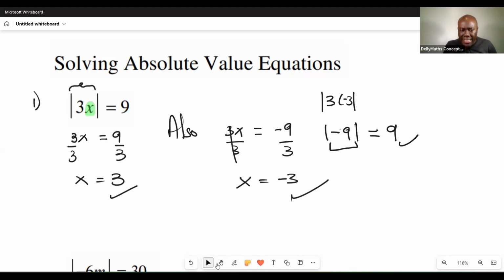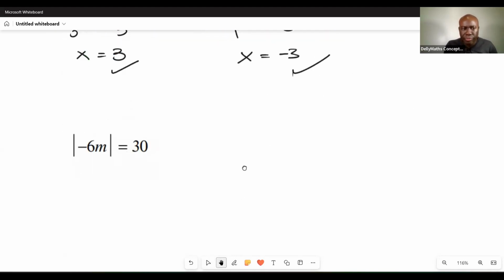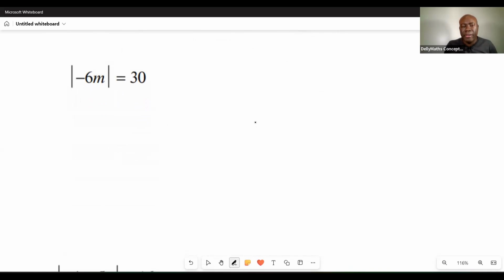Let's take a look at the second question. These are our absolute value signs. We have the absolute value of -6m is equal to 30. Again, whenever we have these absolute value signs, we understand that there are two values that are 30 units from 0, and that will be 30 and -30.